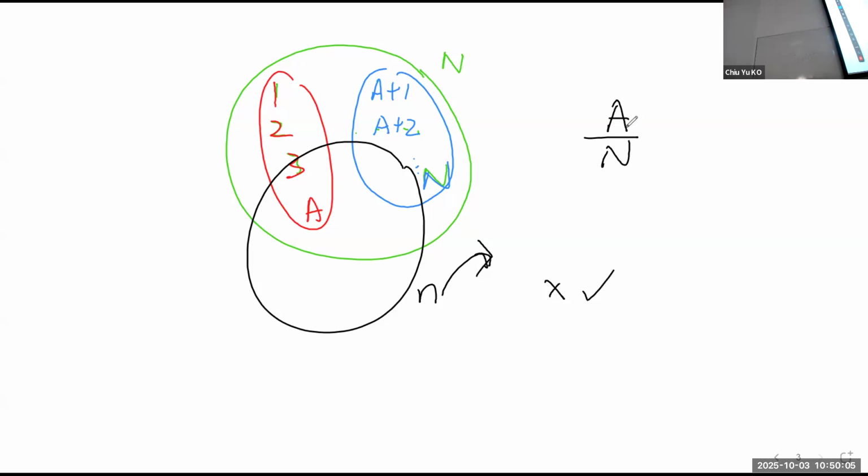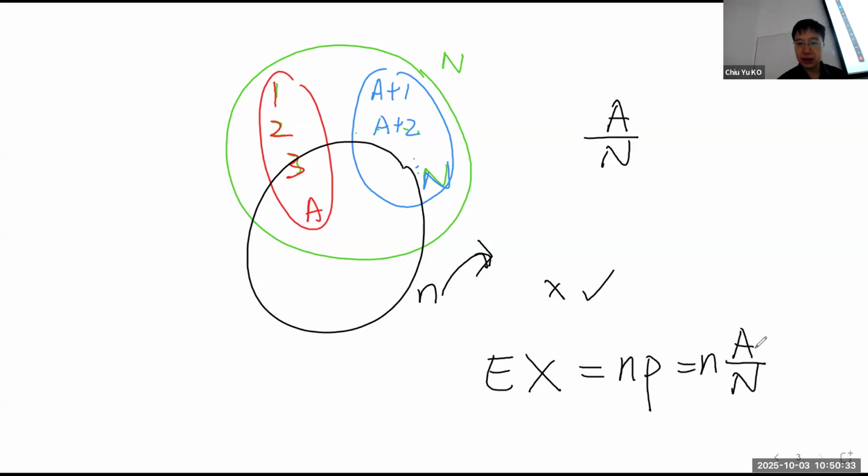A over N. If you draw two objects, in the binomial idea it's just 2 times that. It turns out that whether you put it back or not, the expected value is still the same as NP, which is NA over N. This is something very interesting.